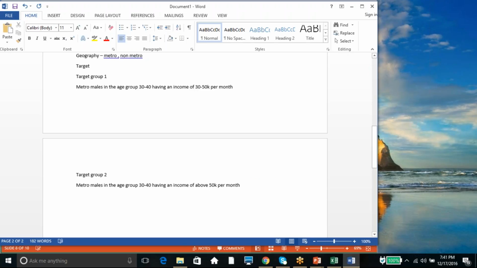So okay, so just by changing one parameter, the entire homogeneity of the group will change. So this is how you do your targeting, and then you do positioning.